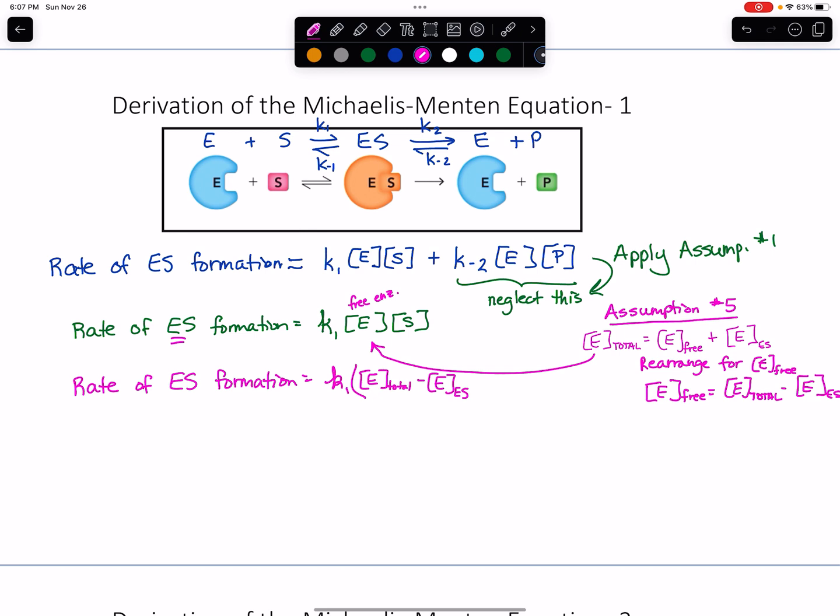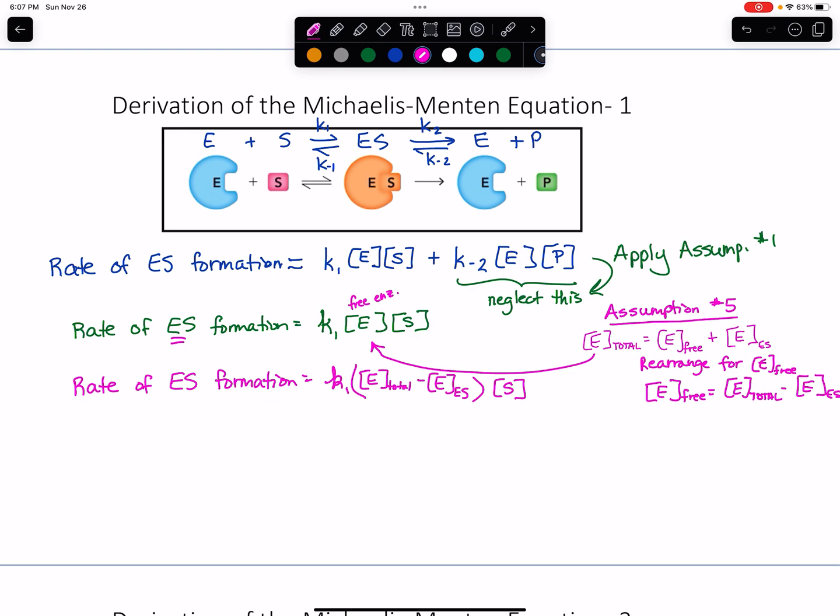And this whole thing, again, is going to be multiplied by substrate concentration. All right. So we've got an expression for the rate of the enzyme substrate formation.